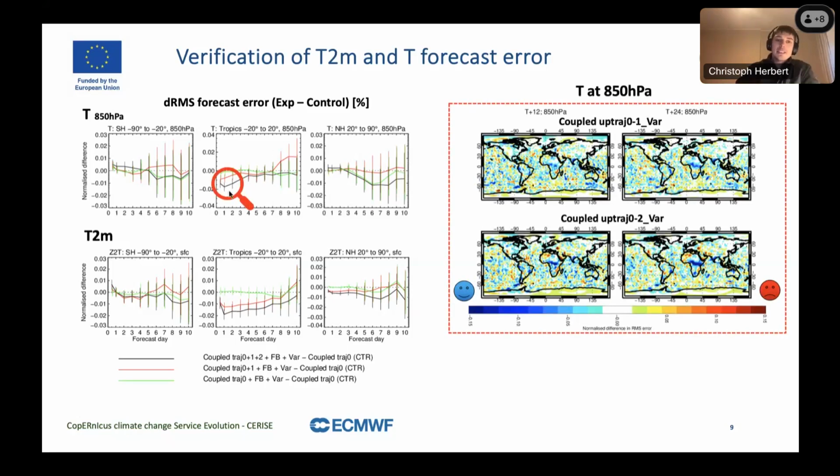Zooming in and looking at the maps, in this case the blue colors are improvements, so a reduction of forecast error, whereas the red ones are degradations. Apart from the noisy ocean, you see really clear improvements over Central Africa, a region where we don't have so many synoptic observations, so no in situ stations of 2 meter temperature or relative humidity.